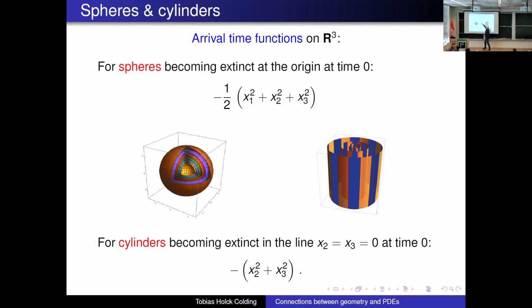I've normalized it so that at the origin here, that's where it becomes extinct. Then this is the arrival time function for the round sphere. In the case of the round cylinder, I normalized it so that it becomes a line at time zero. Then this is the arrival time function.